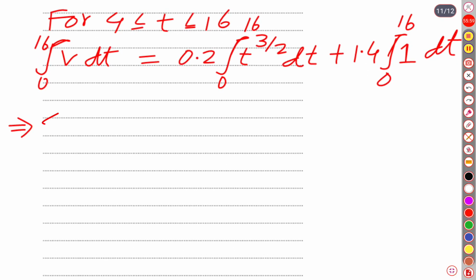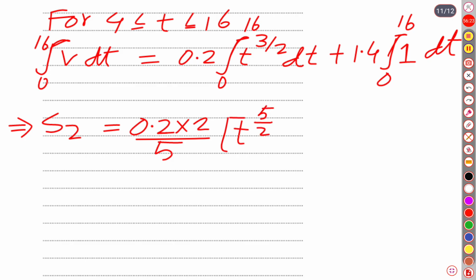this is our S2, let it be the second phase. So 0.2 and t, what will it be? It is given 3 over 2, that means 1 and a half, so it is going to be 5 over 2. So we multiply by 2 over 5 and t is raised to 5 over 2.